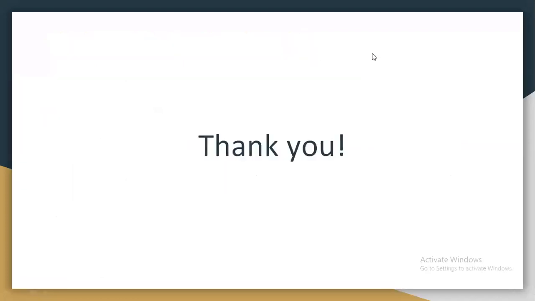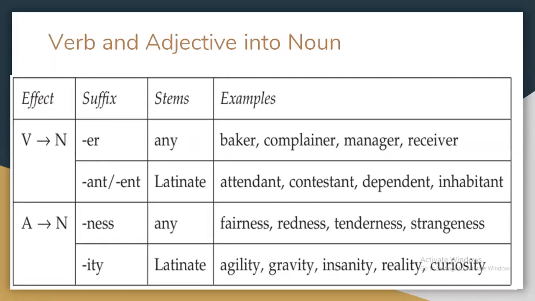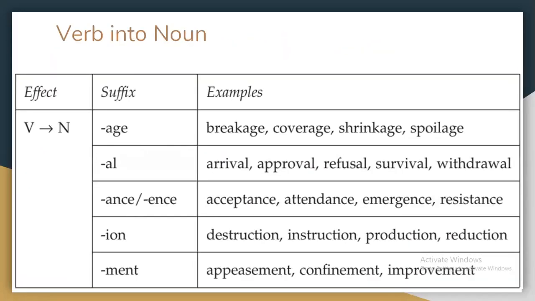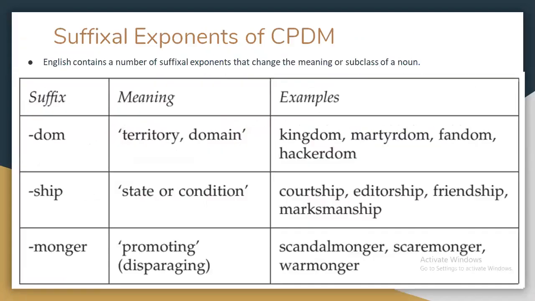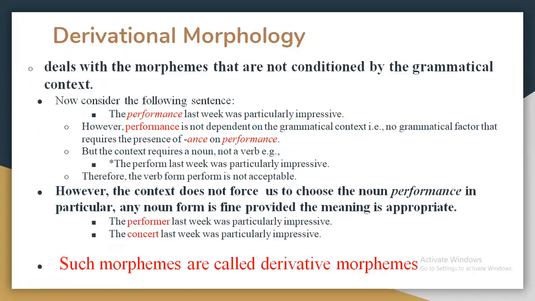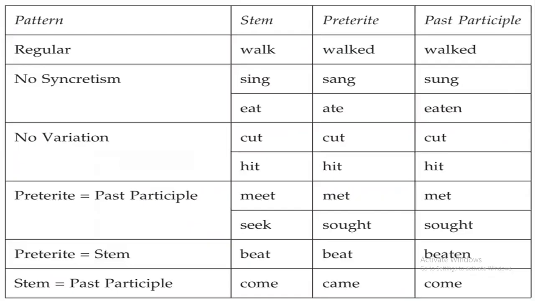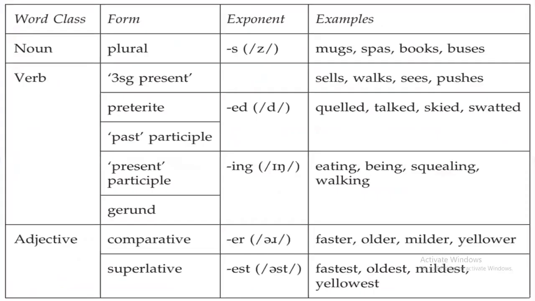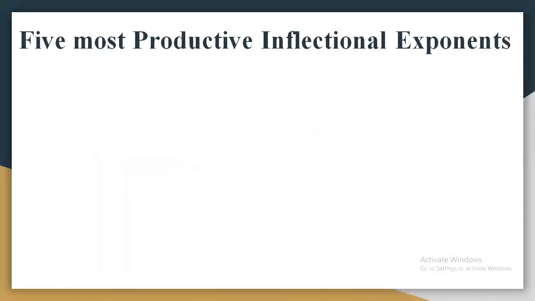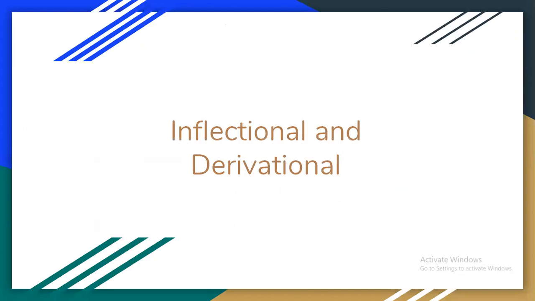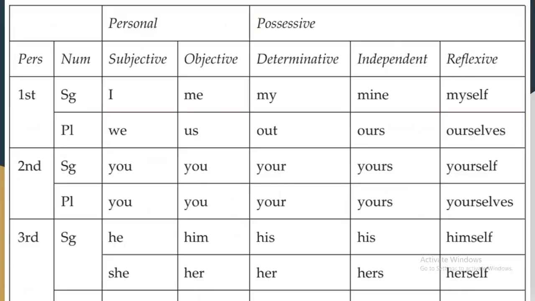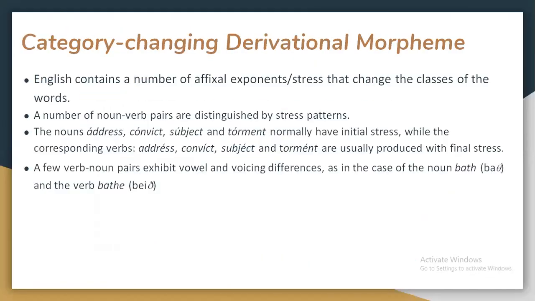So I talked about inflectional and derivational morphology. Now we can discuss if you have any confusion. What is inflectional morphology or inflectional ways of deriving words, and what is derivational morphology and ways of deriving words? Do you have any confusion?